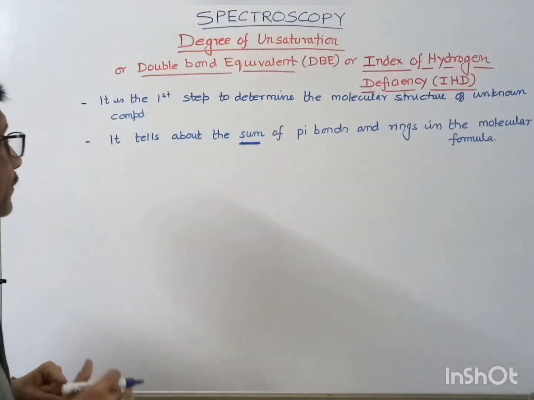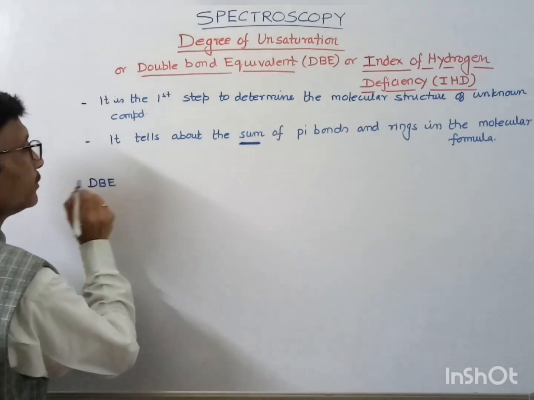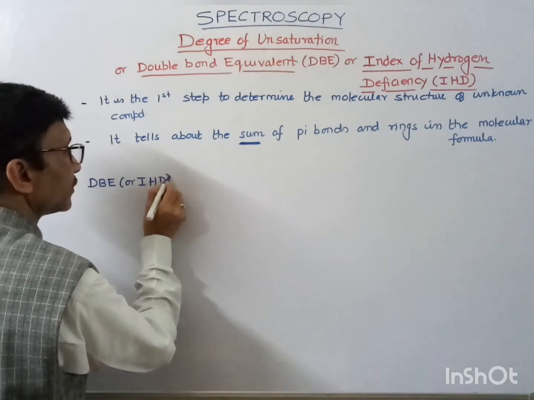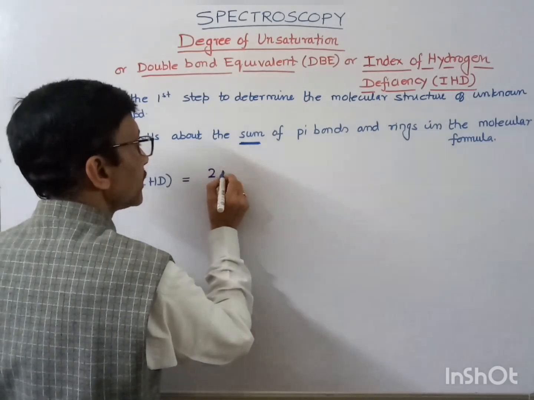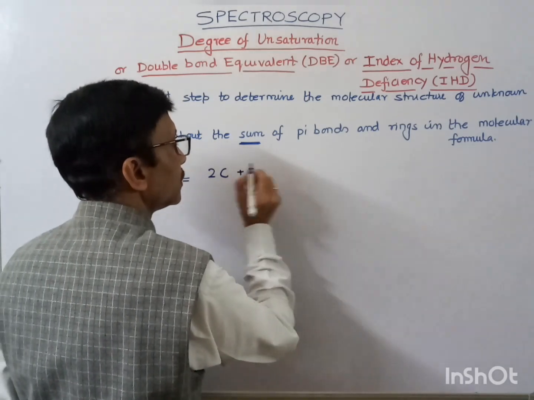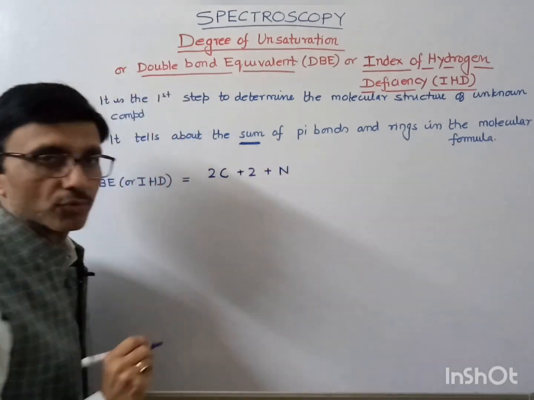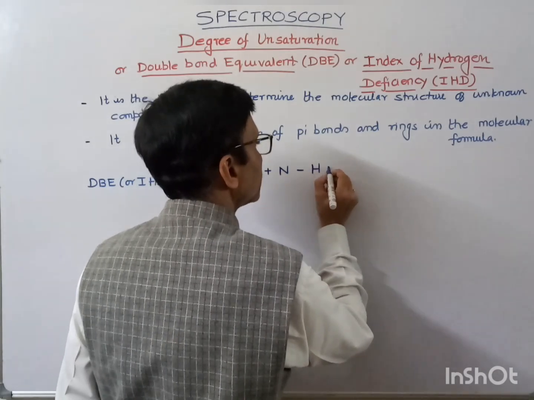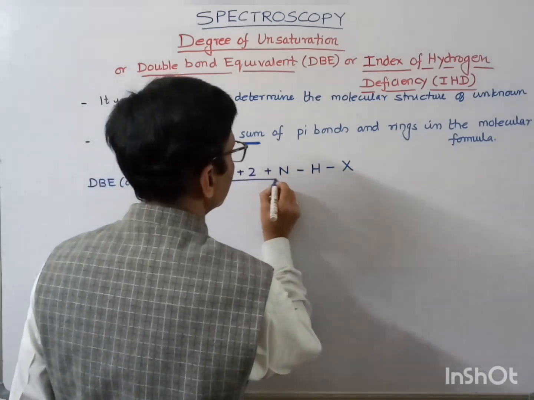So what is the formula? The formula for DBE, or the index of hydrogen deficiency, is equal to 2 multiplied by the number of carbon atoms plus 2, plus the number of nitrogen atoms, minus the number of hydrogen atoms, minus the number of halogen atoms, all divided by 2.